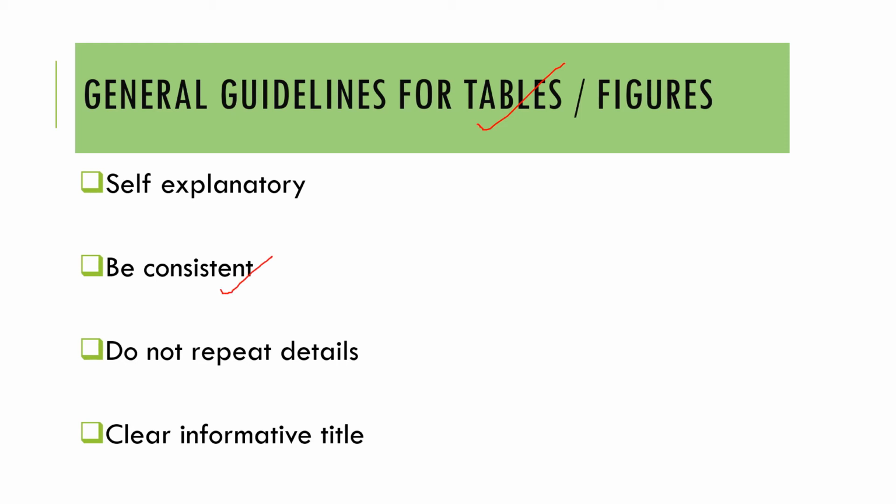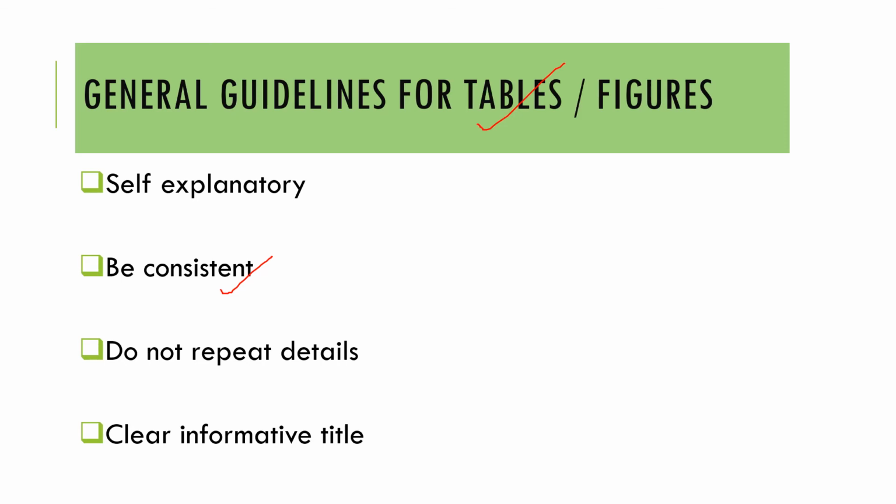Be consistent in all the tables. It should be the same guideline, and it follows the numbering of the table, and do not repeat details. Your table should be a summary of what your explanation is about, and the title has to be clear.